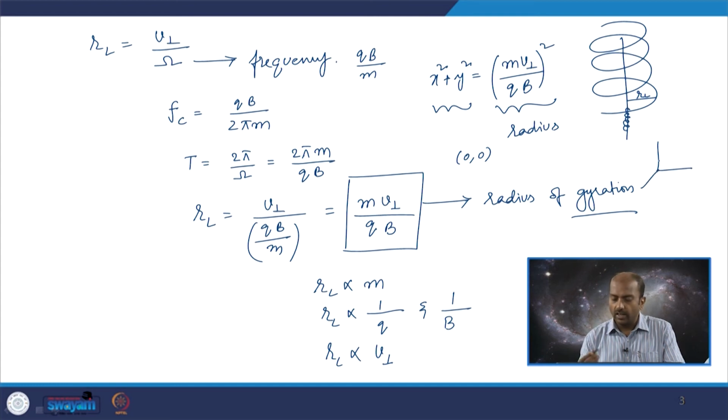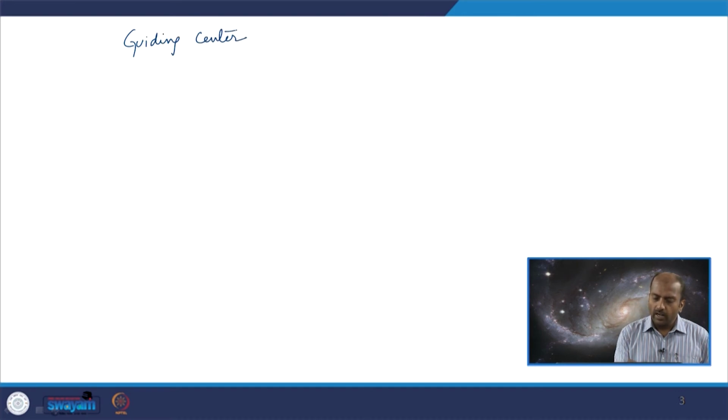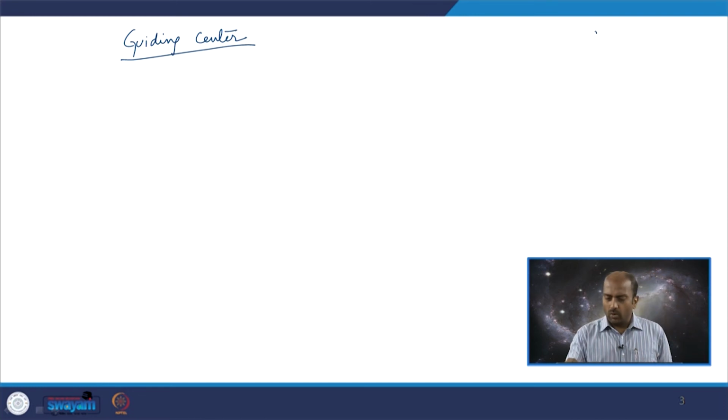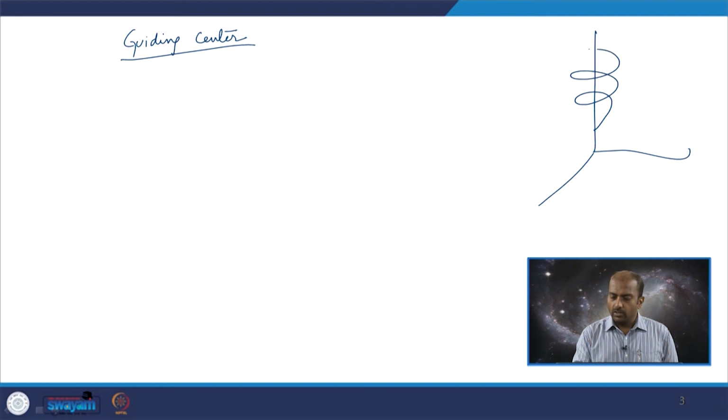Otherwise, the circular motion is executed around a center which is x0, y0. This point around which the circular motion is executed is generally called the guiding center. The guiding center is the imaginary point around which the circular motion is executed by the particle, like this.